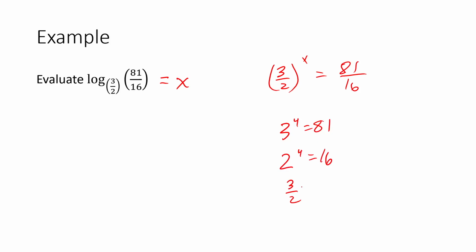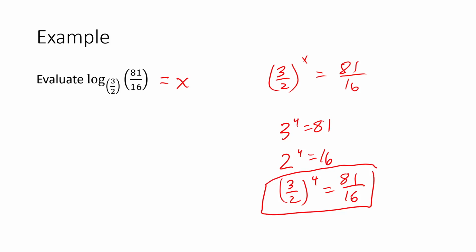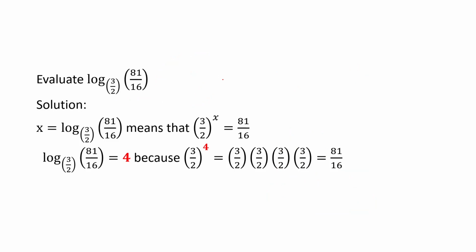So that means that 3 halves to the 4 is equal to 81 over 16. Well, if 3 halves to the exponent 4 is equal to 81 over 16, then the log base 3 halves of 81 over 16 must be equal to 4. And that's our answer. This is what it says on the slide, if you'd like to see it typed out.